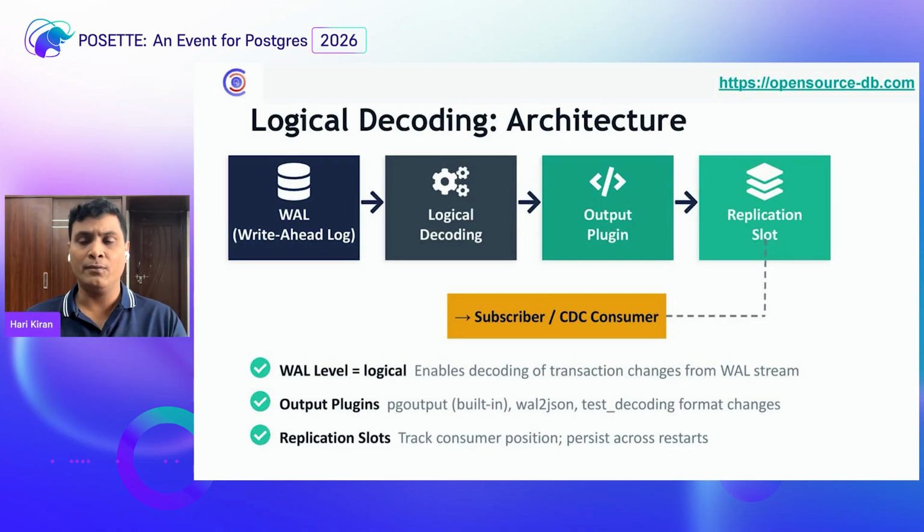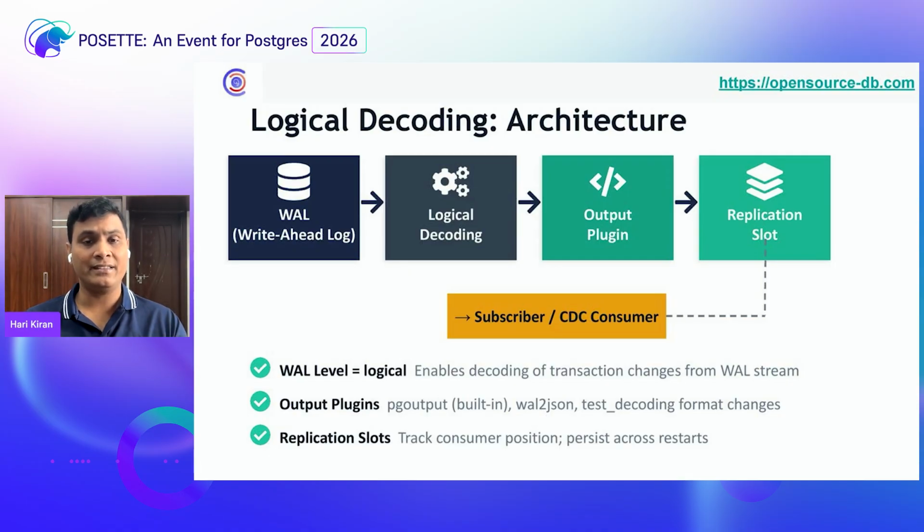When you set wal_level equal to logical, PostgreSQL starts writing additional information into the WAL that allows it to reconstruct all the logical changes, not just the raw bytes, but the actual row level inserts, updates and the CRUD operations that are happening on the primary server.